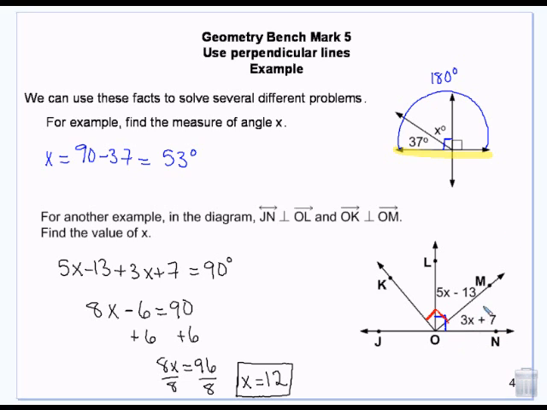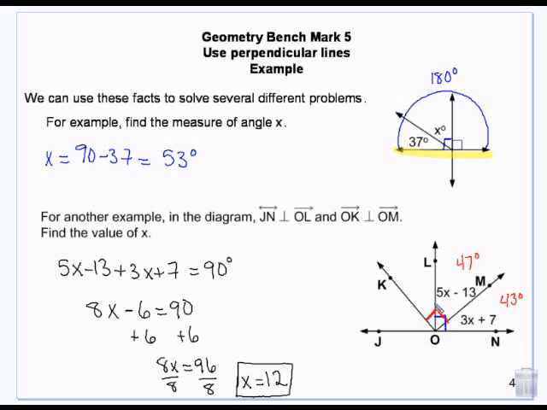So 3 times 12 is 36, plus 7 is 43. 5 times 12 is 60, minus 13 is 47. 43 and 47 make 90, so we're good.